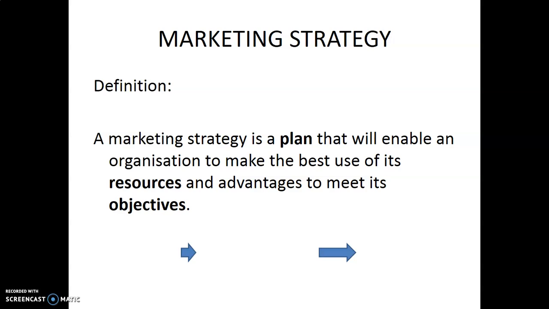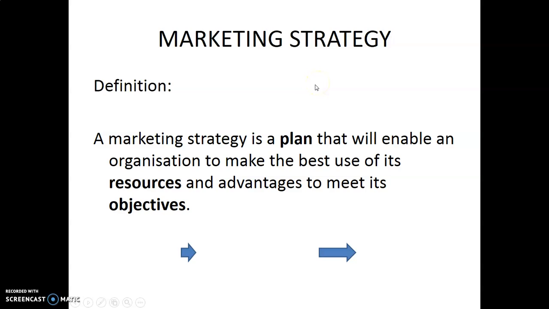Now marketing strategy. You have to remember three things. It is a plan of the organization that uses its resources in order to meet the objective. Mostly the objective of the organization is to get profit or to expand. It's very quantitative normally, but they didn't tell you, of course.